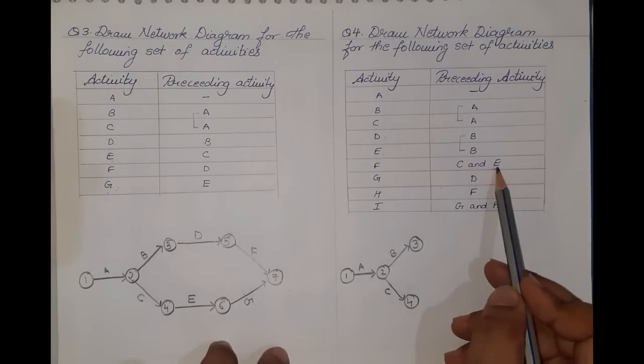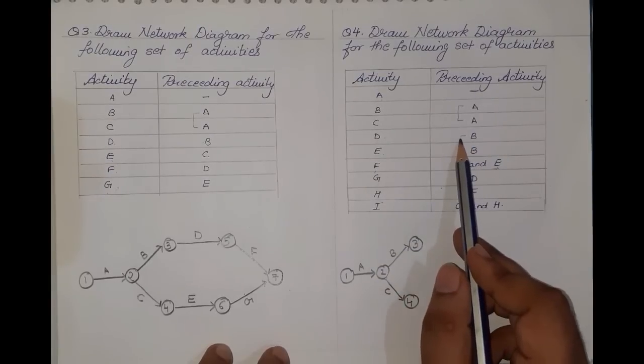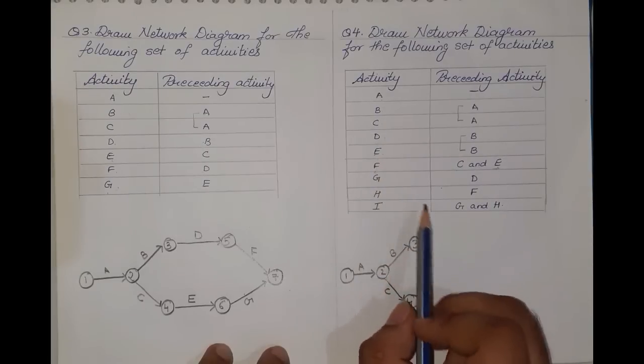C and E together will give you activity F, and from B, D and E both the activities have evolved.